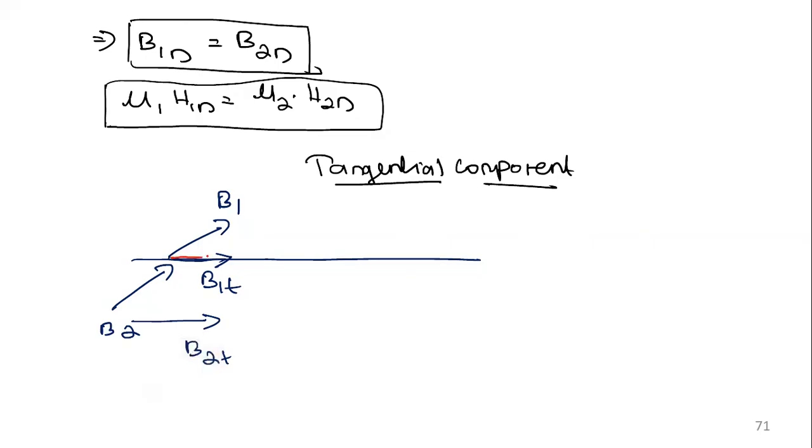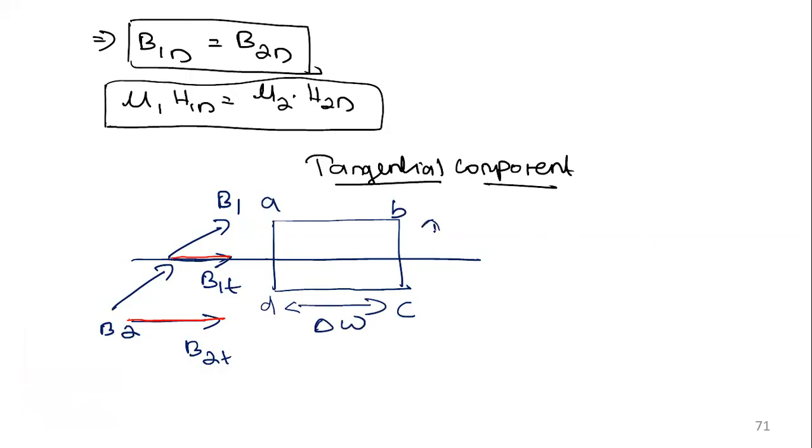So this will be B1 tangential and this will be B2 tangential. Then this is our rectangular surface ABCD, and let the width be delta W and the height delta H. I am again marking B1T and B2T.